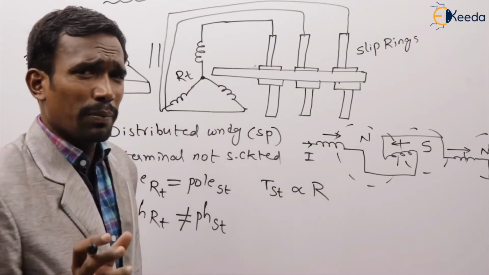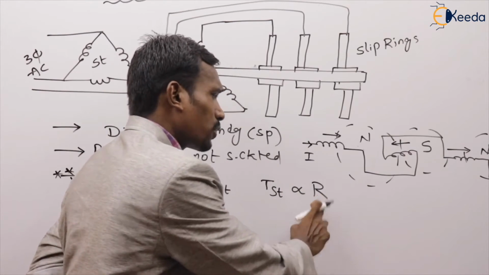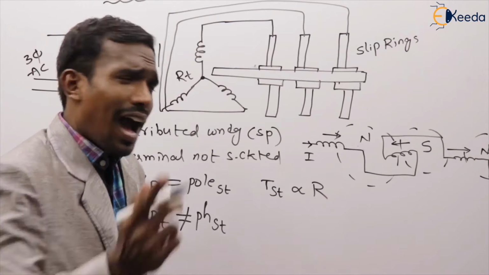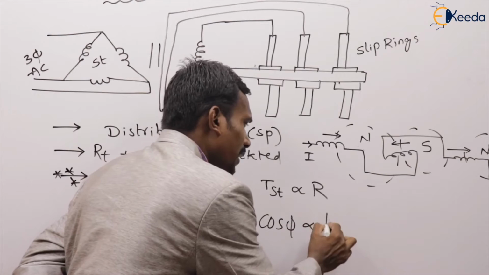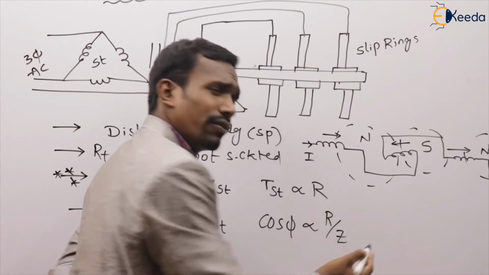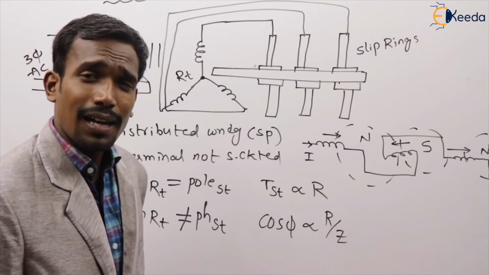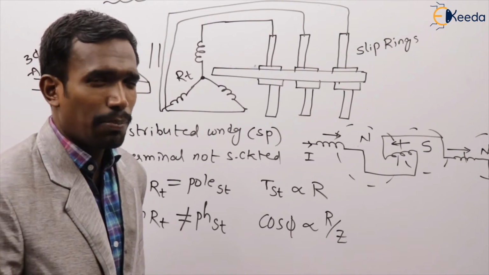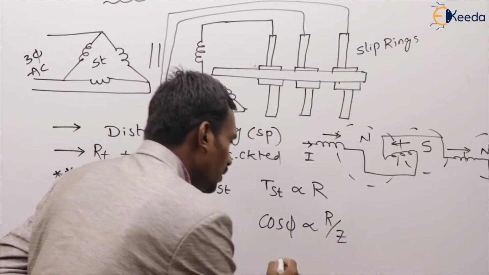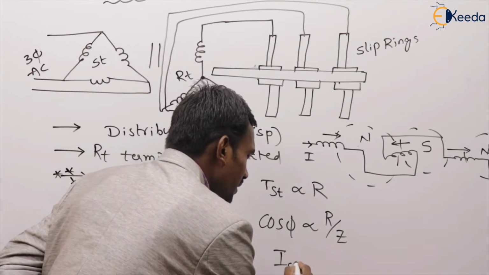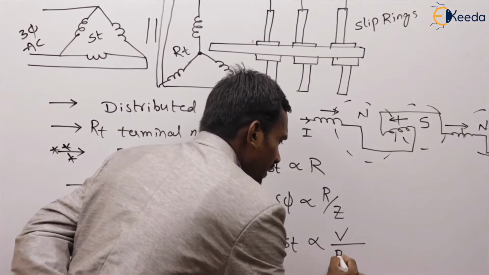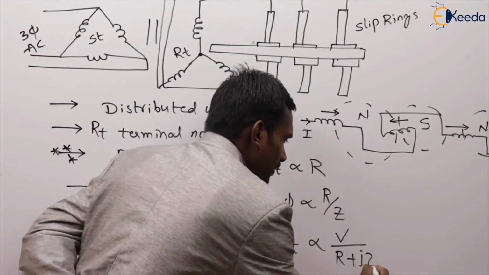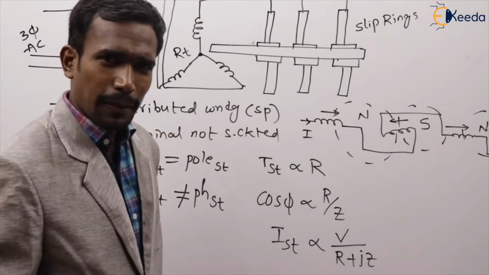Just now remember the starting torque is directly proportional to rotor resistance, and generally we know power factor cos phi is equal to R by Z. We know that value, cos phi equals R by Z, power factor. And also starting current is nothing but V by Z.